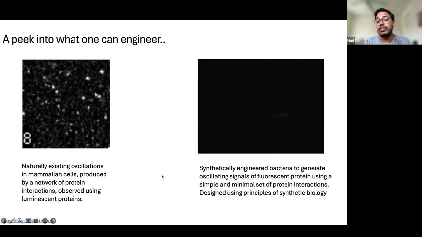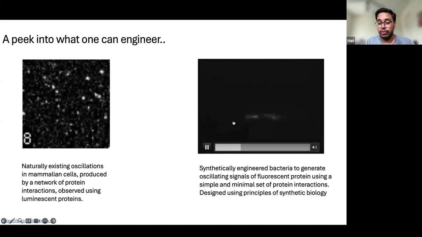So using principles of synthetic biology, scientists were able to incorporate certain oscillatory mechanism by using much simpler networks of proteins in a bacteria called E. coli. And the oscillatory signals were generated using fluorescent proteins.